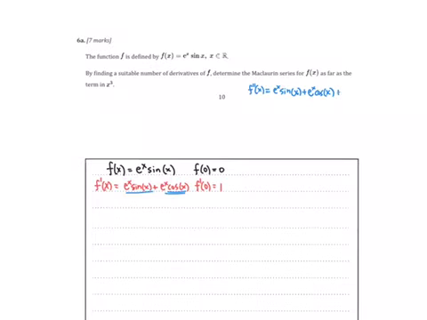And I get e to the x cosine x minus e to the x sine x. So what you'll see here is that this first term and the last term there are going to reduce. So the second derivative kind of folds on itself, giving us 2 e to the x cosine x. So the second derivative evaluated at 0 will be 2.